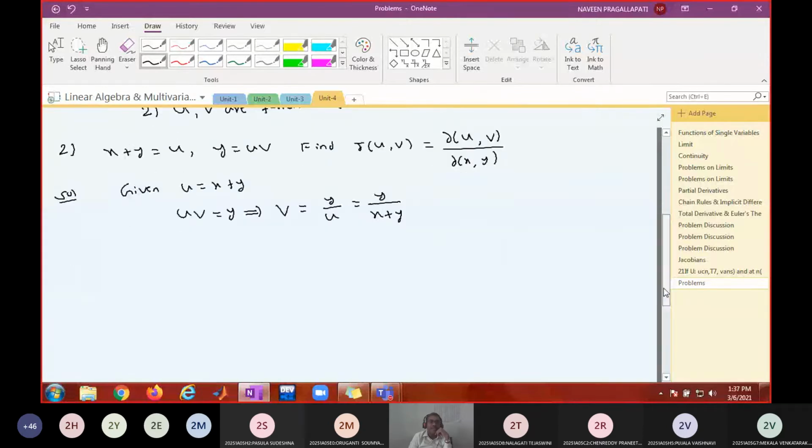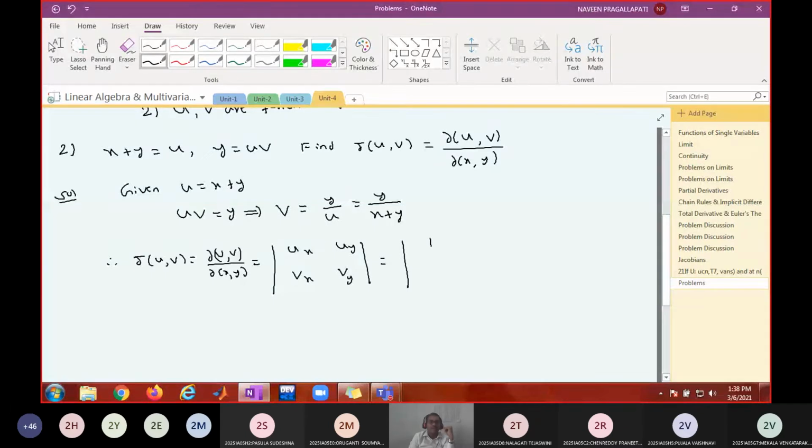Now you have u and v in terms of x and y. Therefore, write down the determinant formula and substitute: ux, uy, vx, vy.